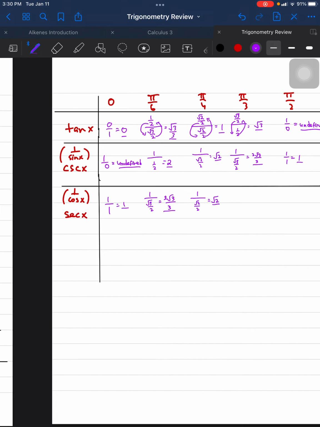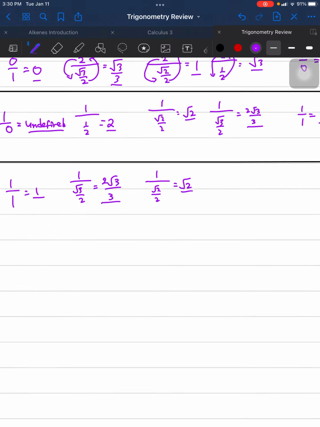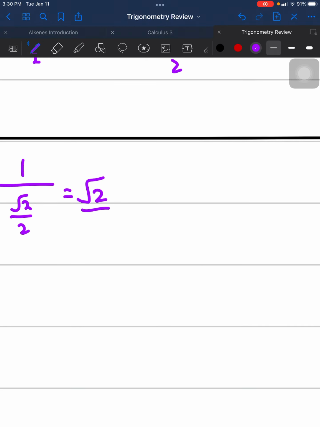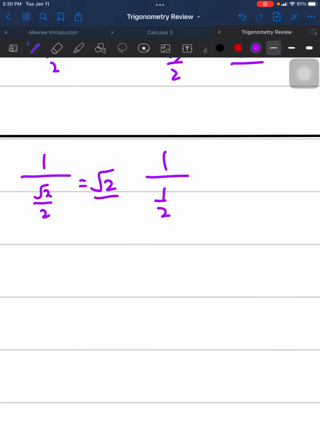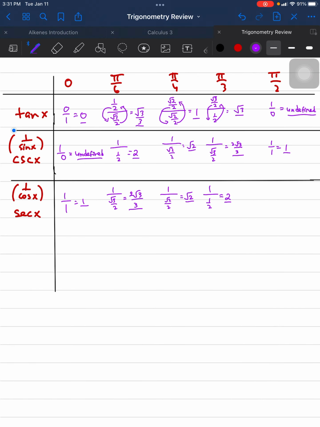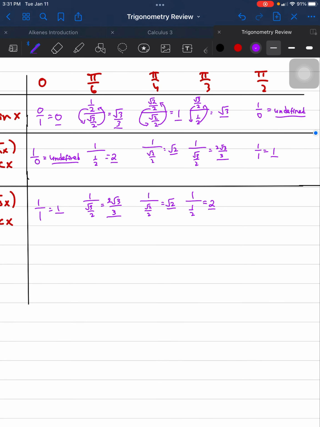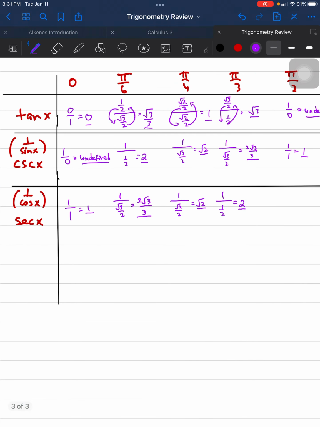Now at the angle of pi over 3, cosine of x is equal to 1/2. And so we plug that into the rewritten version of secant x. So it's 1 over 1/2. The 1/2 flips up, and we get a value of 2. So at pi over 3, the value for secant x is 2.